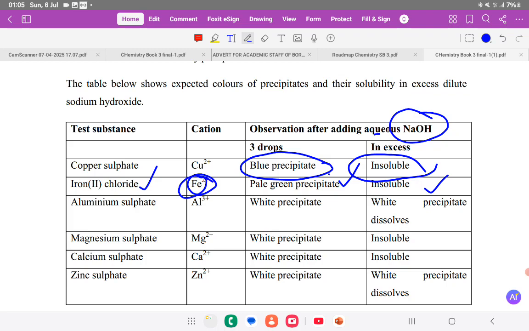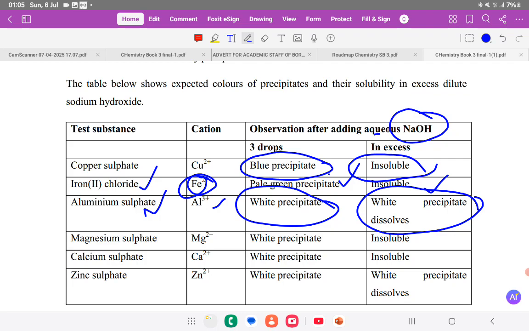Upon doing the same to a solution of aluminium sulfate, for which the cation present is aluminium, you are going to have a white precipitate. So a white solid is going to be formed. If you keep adding more sodium hydroxide, then the white precipitate is going to dissolve. It is going to disappear.